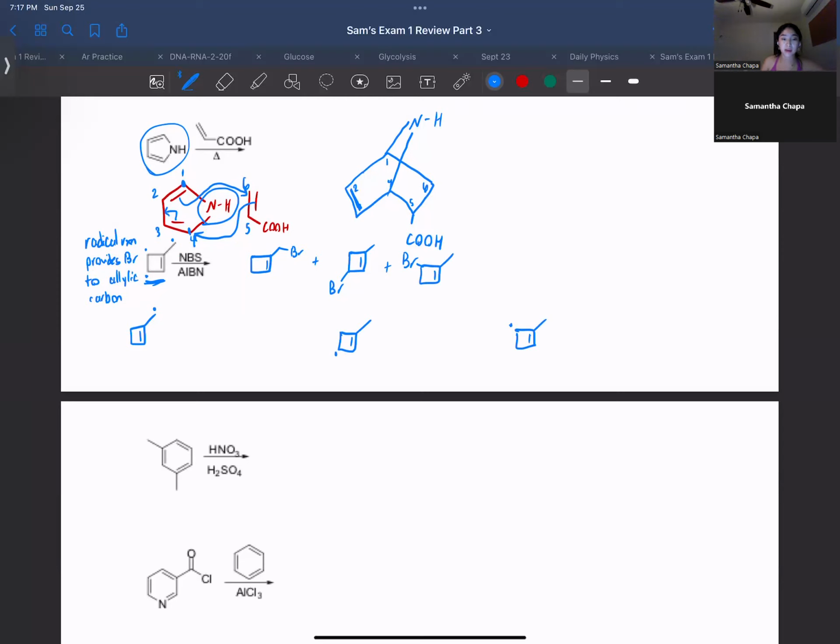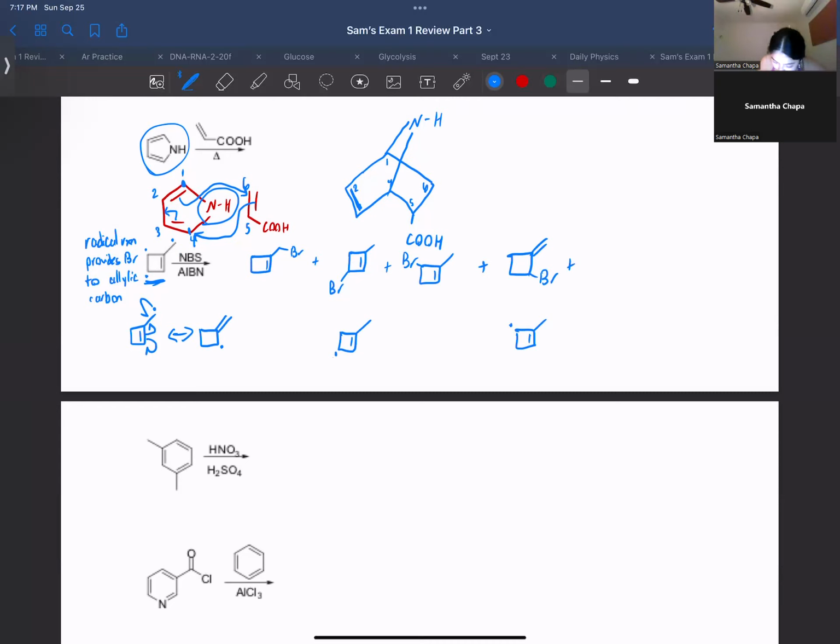So again, we're talking about radicals, so we're only going to have half arrows. Break this double bond and make another double bond in another place. My resonance structure should now look like this. So that's another place I can place my bromine. Okay.